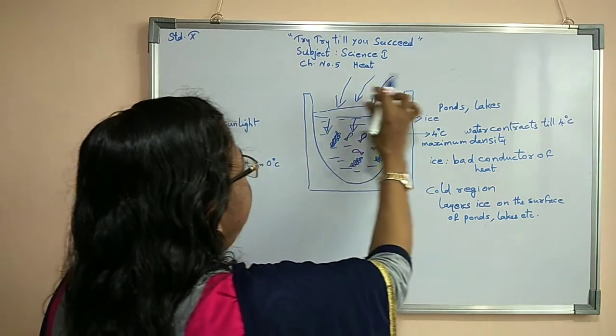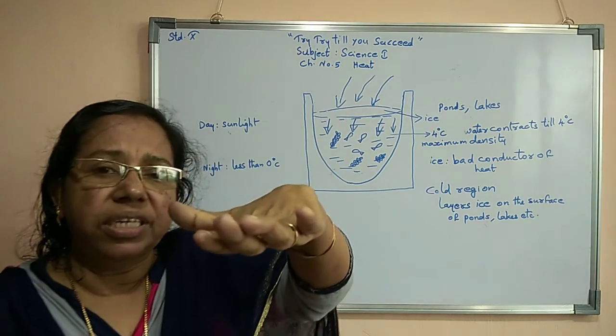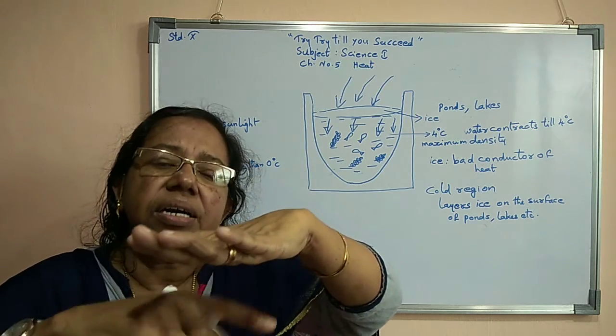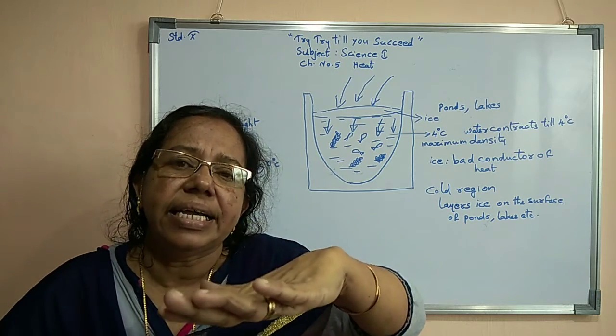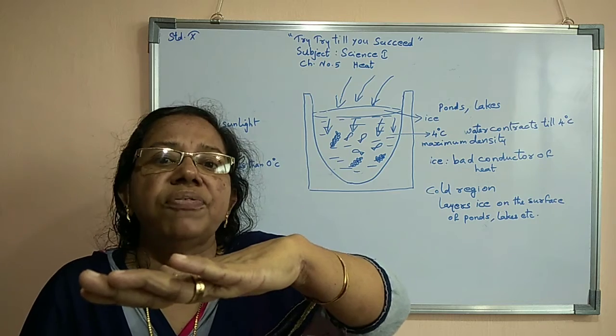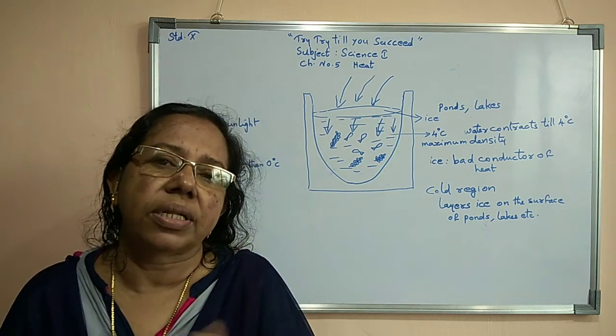Why? Because here one support like ice layer is there. Because of the ice layer, downside temperature never reduces. Why? Because this ice layer is acting like a bad conductor of heat. Because of that, no losing of temperature from downside part of the lake or the pond.